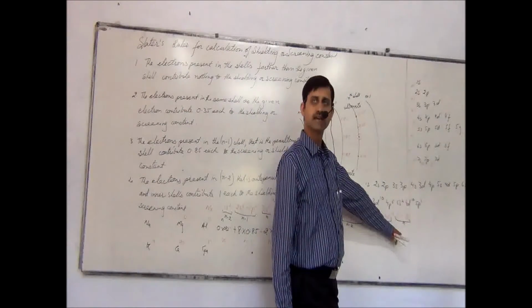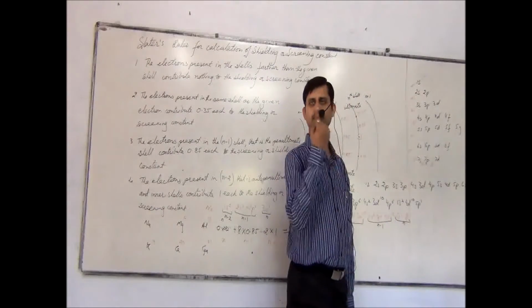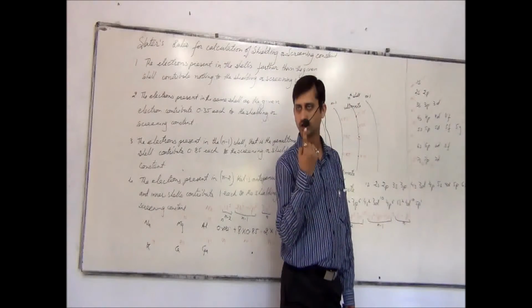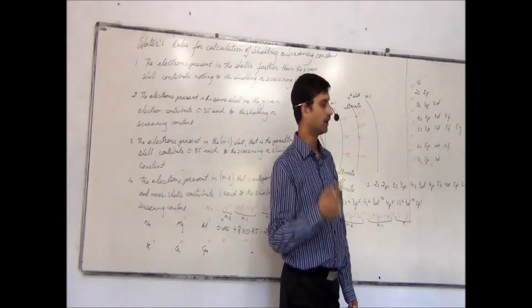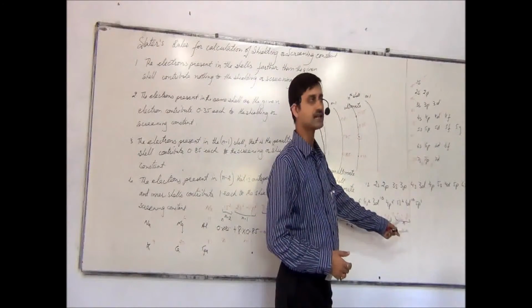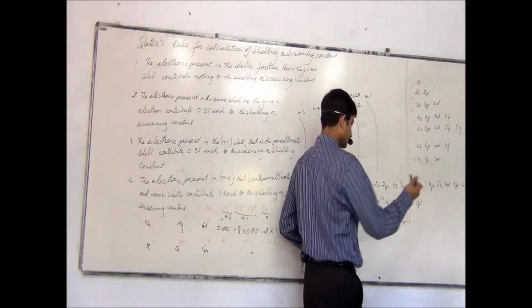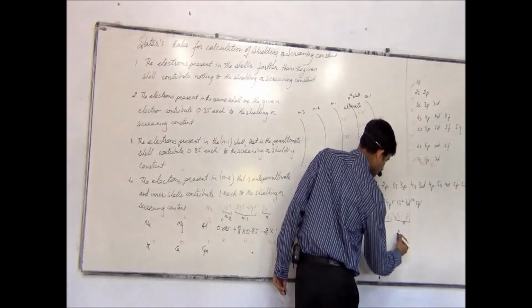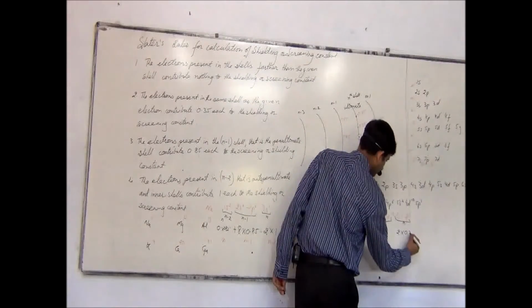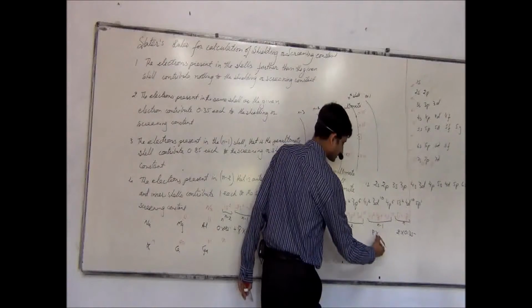This is the nth shell. And in the nth shell, except for the one electron that we are calculating the value on, everything else has a contribution of 0.35. So here it's going to be 2 into 0.35. This is 8.